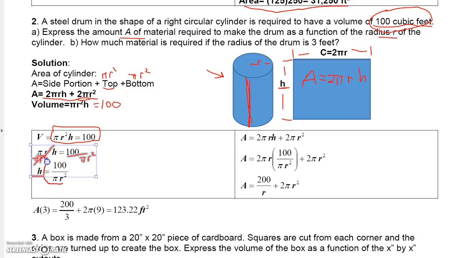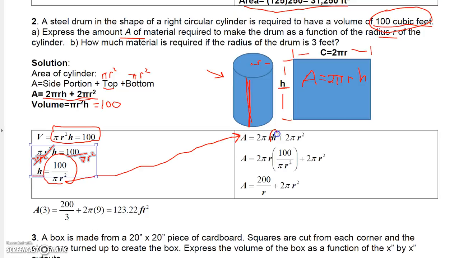Now, how does that help me? Well, since that's h, let's go back to the formula that I developed earlier for the surface area, 2 pi r h. Now I can eliminate this h by replacing it with 100 over pi r squared.